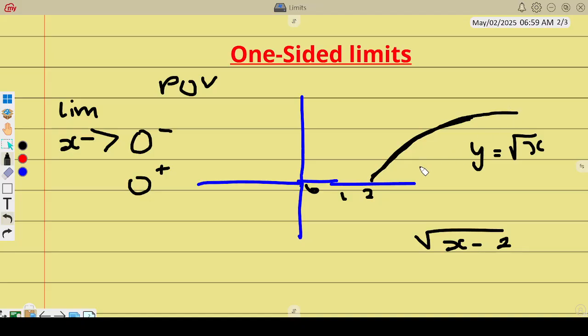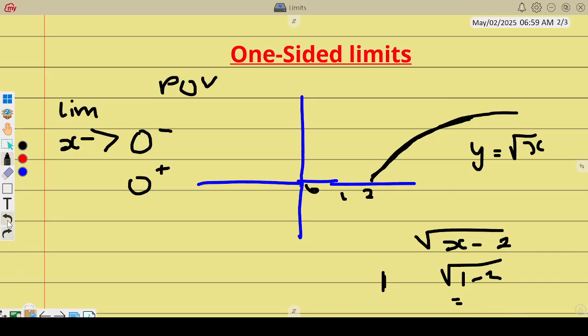So there are values whereby this function can be complex, for example values which will make it negative. Let's say if x is 1, then we're going to have 1 minus 2, which would be equal to negative 1. So this is an imaginary number.